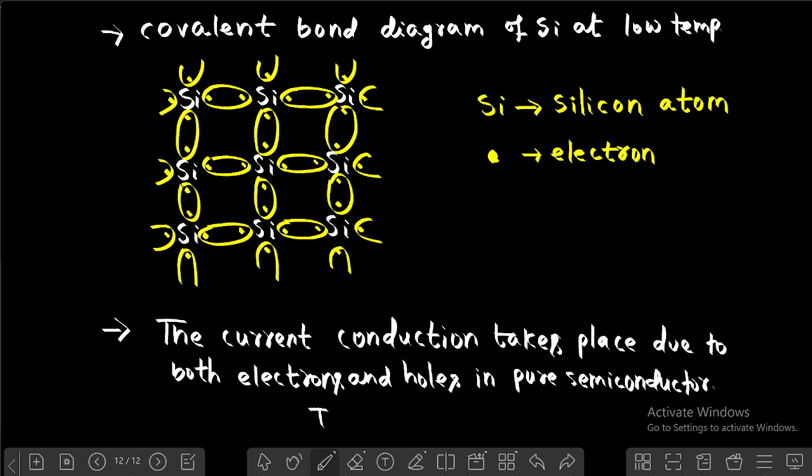So write current I, total current equal to current due to electron plus current due to hole. Write down.